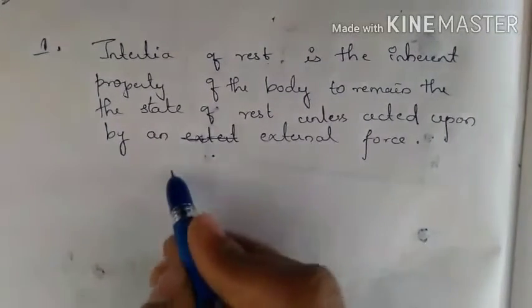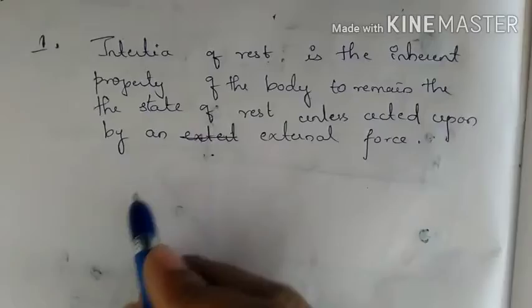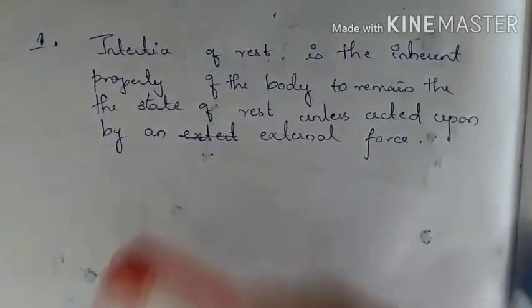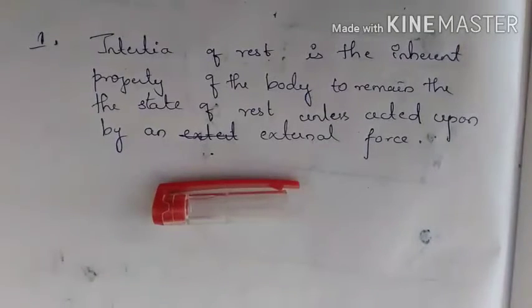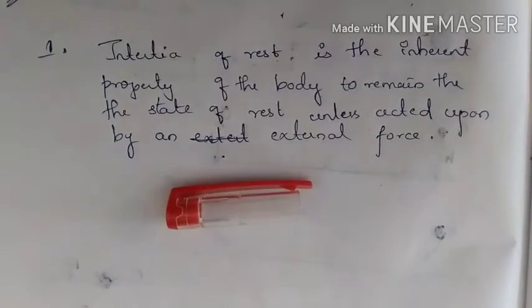Let's suppose you have kept, for example, this cap on the book. Now I'll say that this cap is at rest. Is this cap at rest? Yes, this cap is at rest. Is there any chance of this cap moving by itself? Will this cap move by itself without any force? No, right?